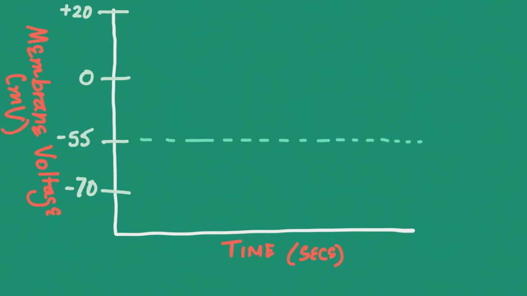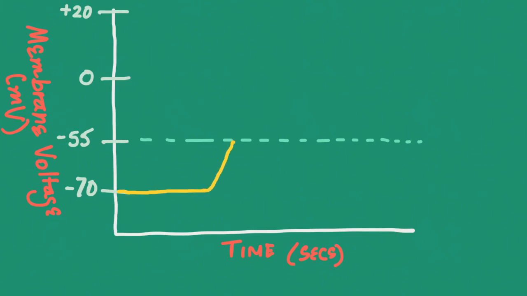On the y-axis, we have membrane voltage in millivolts. We have minus 70, minus 55, 0, and plus 20 millivolts. At minus 70 millivolts, the neuron is at rest. We have the resting membrane potential. This stays the same until a new impulse arrives.